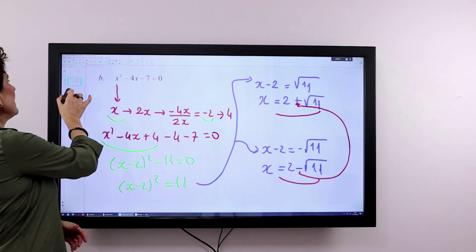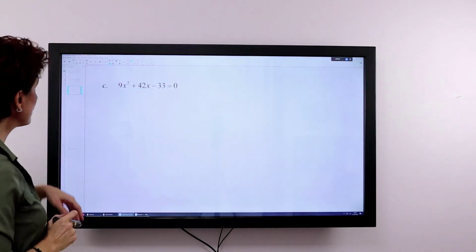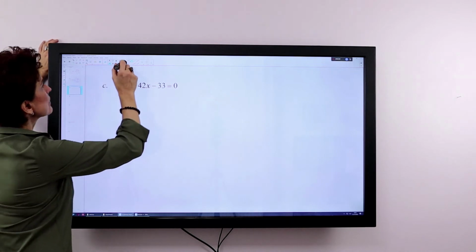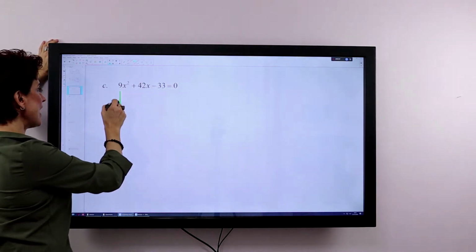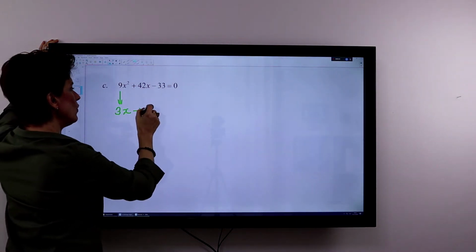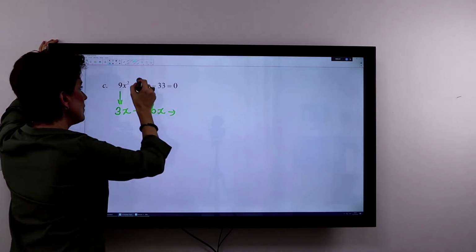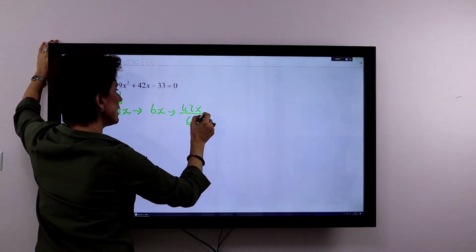Alright, dear students, I think it is time to pause me. How do you feel? Here, which term squared is 9x squared? 3x. If I multiply 3x by 2, that is 6x. I divide 42x by 6x, which is 7.